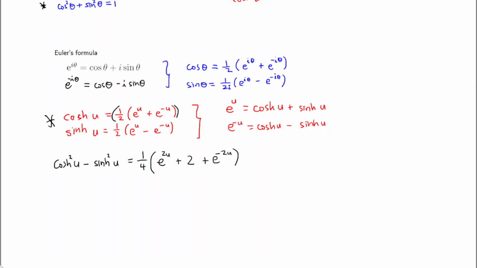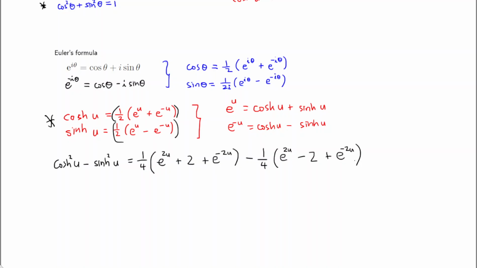I take double the product of my two terms, which just ends up being 2 because e to the u and e to the minus u are reciprocals. And then I square the last term, e to the minus 2u. Now I'm going to do the same thing with the sinh expression and square that out. I get 1/4, and the only difference is that in the middle I get a minus 2.